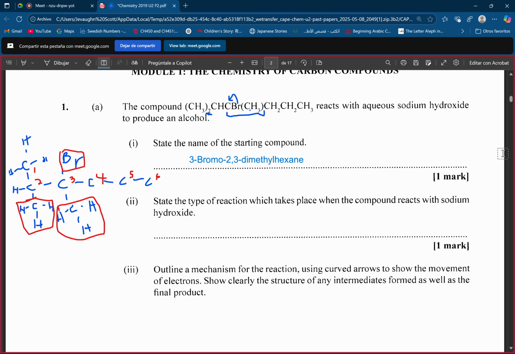State the type of reaction which takes place when the compound reacts with sodium hydroxide. So it says in A that it reacts with sodium hydroxide to produce an alcohol. What is the name of that type of reaction? Anyone?